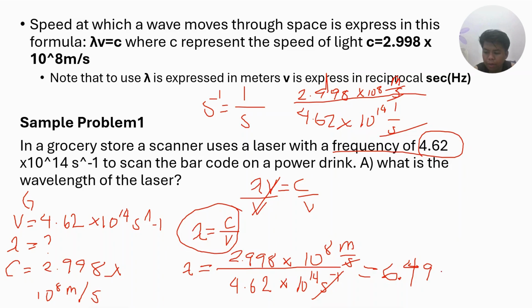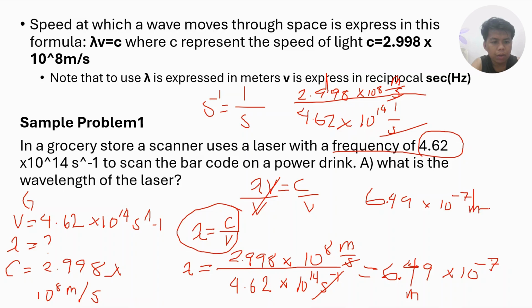6.49 times 10 raised to the power of negative 7. The unit is in meters. Okay? It is in meters. So, we are finding the wavelength. So, actually, you can still compute, no? Our final answer actually is 6.49 times 10 raised to the power of negative 7 meters.